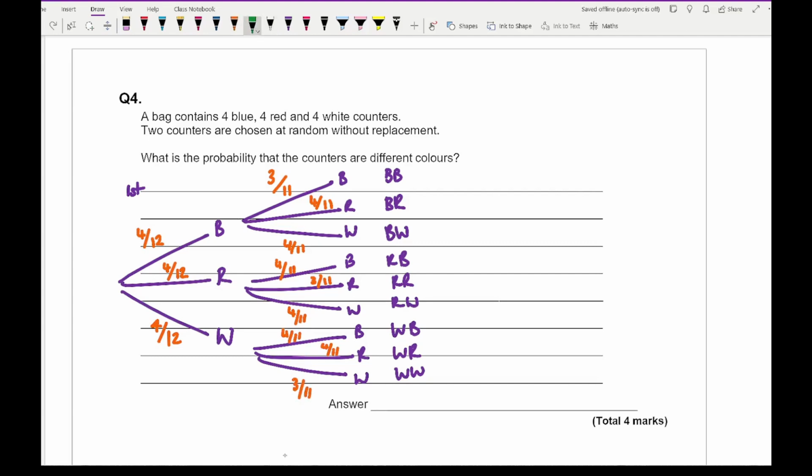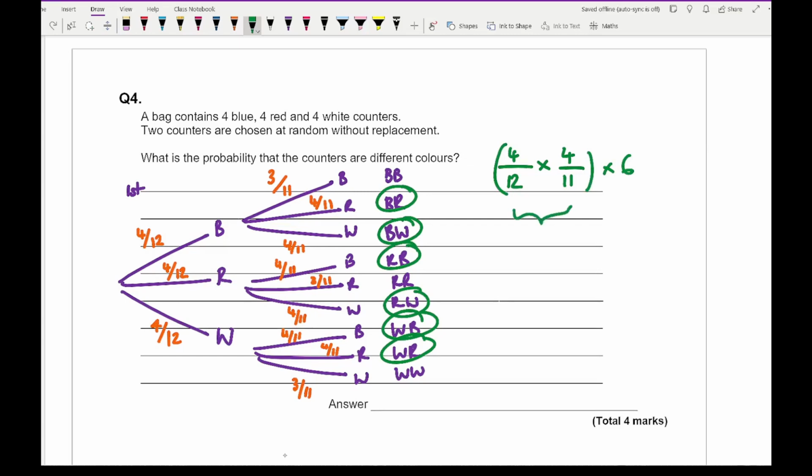So now looking at the outcomes which give me a different colour, basically, there are 6 combinations. Each of these are all going to have the same probability. So the probability of getting a different colour is going to be 4 over 12 multiplied by 3 over 11. No, it's going to be 4 over 11 rather. And the total number of combinations is 6.